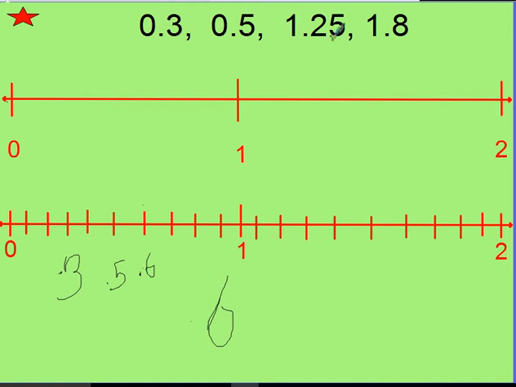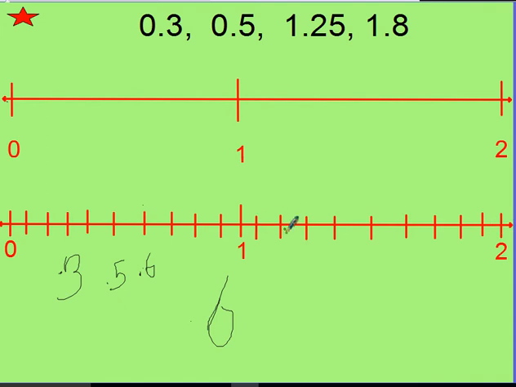Now I have a whole number, so I get to go right to the whole number. And then I would go 2 tenths, but now I have hundredths. Where are my hundredths going to be? Well, that would be the same thing as if I would have 10 little lines in between each one of these to make that there's 100 in here.